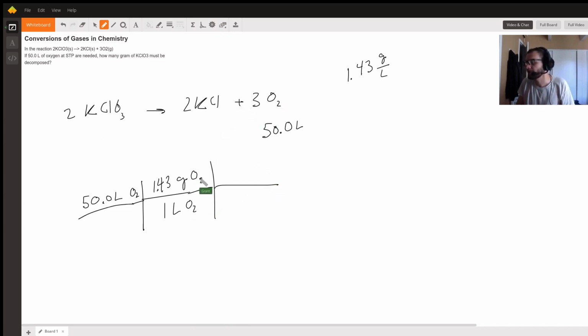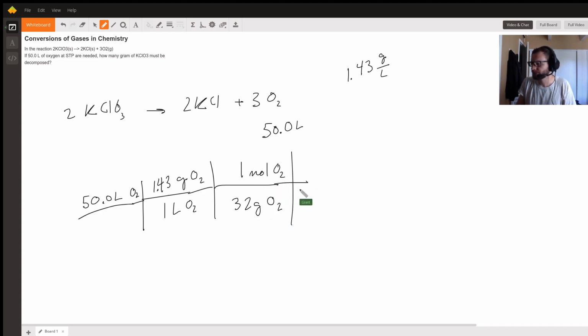So first off, we want to figure out how many moles of oxygen this is. So we know based on the periodic table that oxygen weighs approximately 16 grams per mole, and this is diatomic, so we'll have 32 grams of oxygen will give us 1 mole of oxygen.